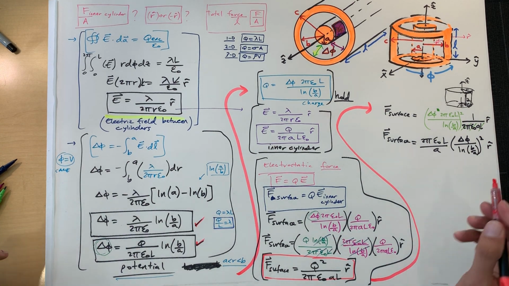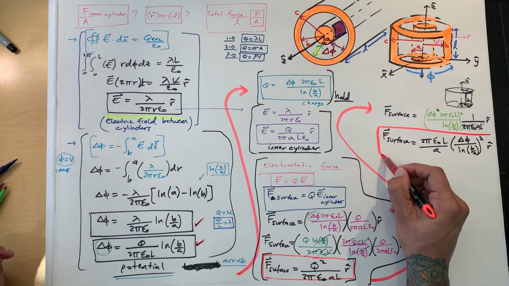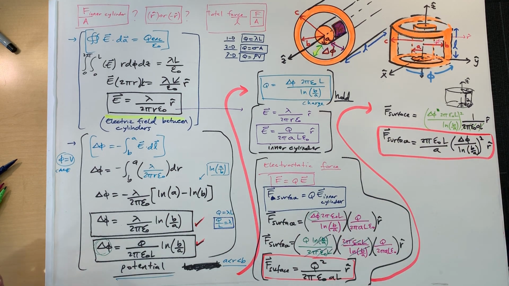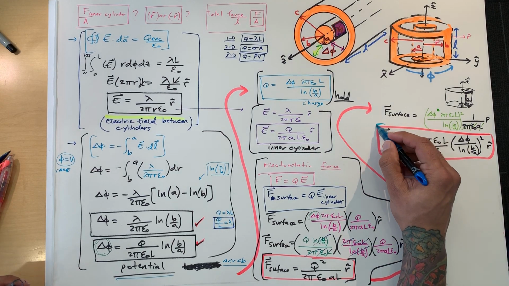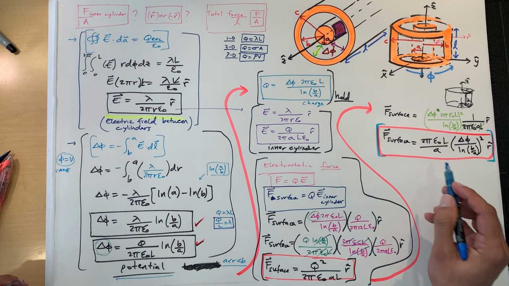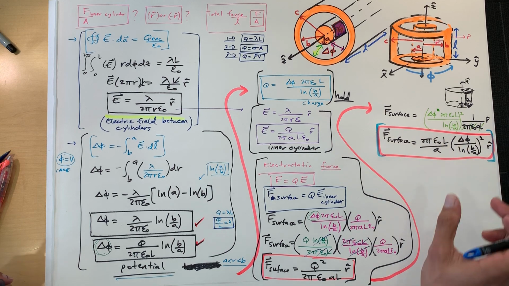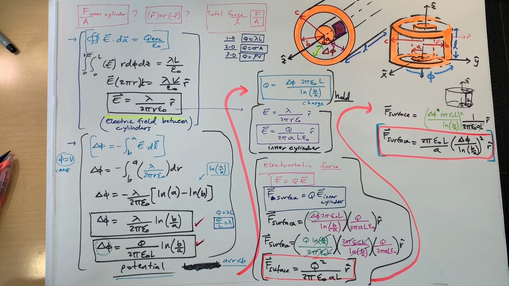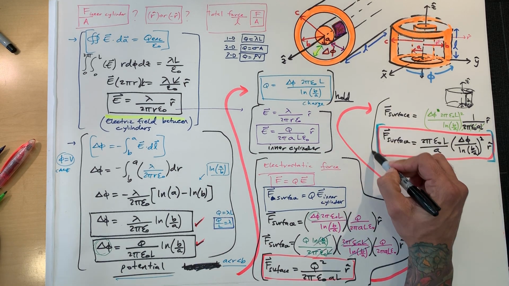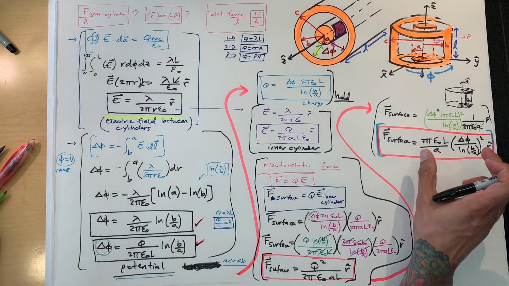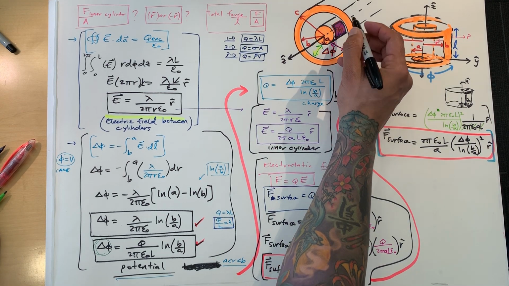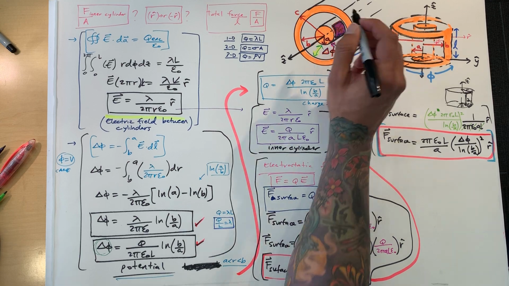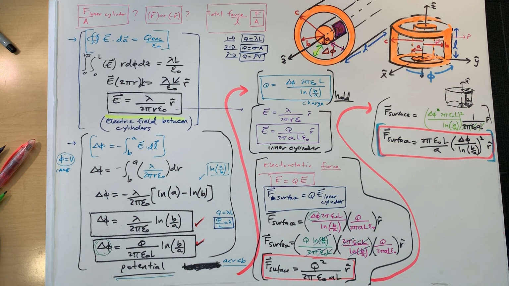Okay, so both are correct, but one is more correct. One is just how they wanted you to represent it. So it's the same thing. They just wanted it to look like this. Okay, so now we have the force on the surface of this inner cylinder. So now we know what's happening in here. And you can see that since it's positive, right?